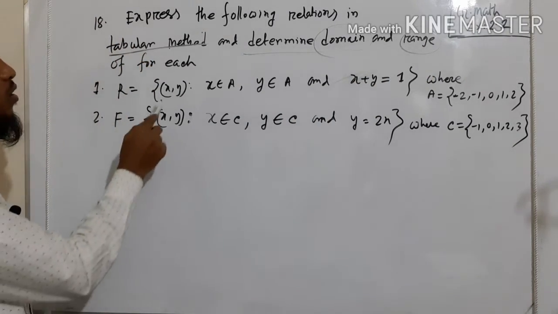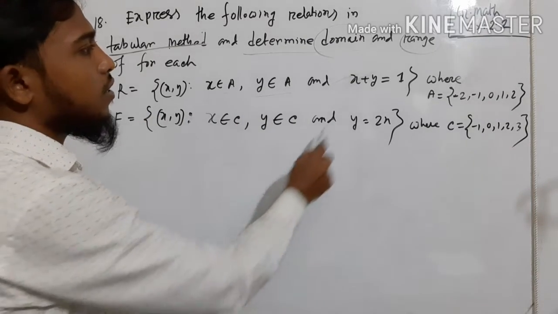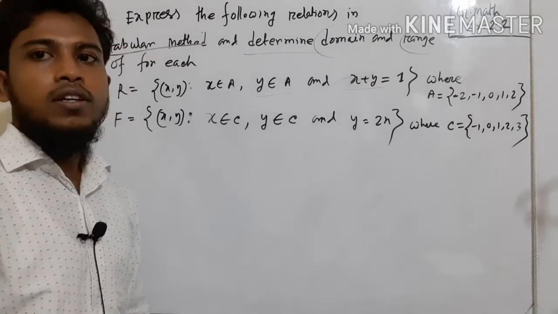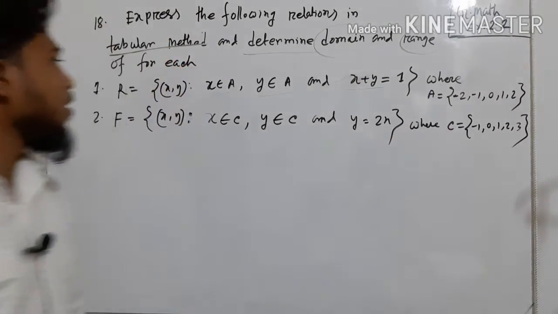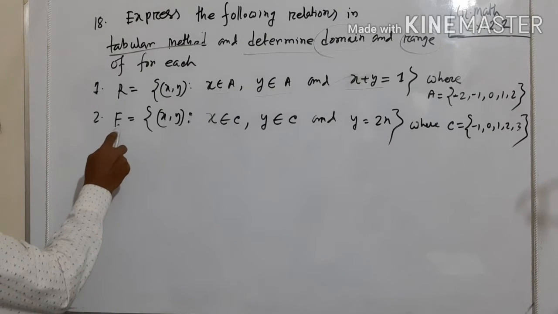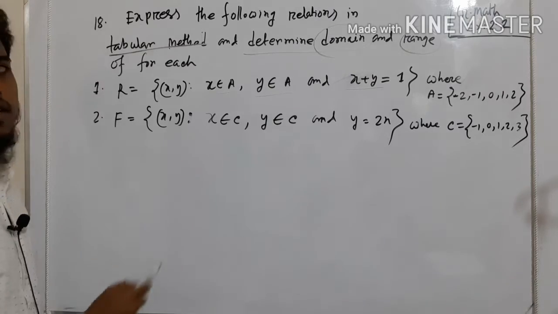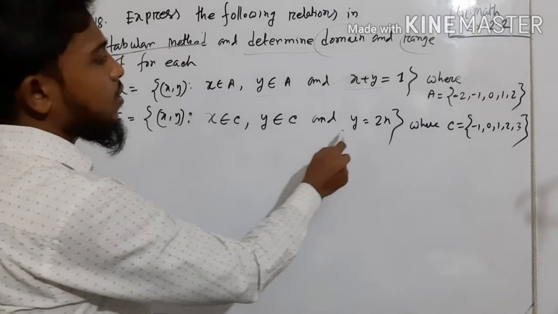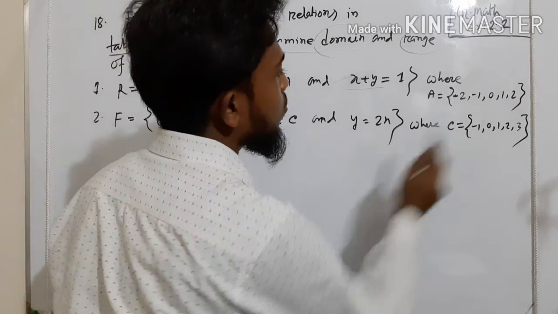Number 1: R equal to {(x, y) such that x is in A, y is in A}, and given condition x plus y equal to 1, where A equal to this. And number 2: relation f equal to {(x, y) such that x is in C and y is in C}, and given condition y equal to 2x, where C equal to this.